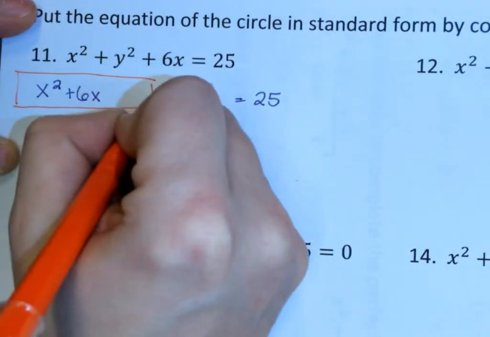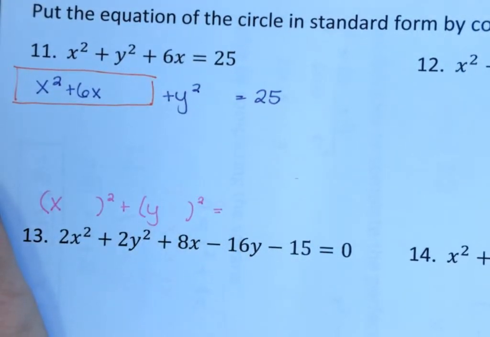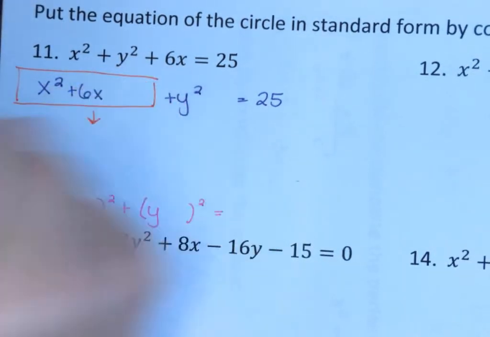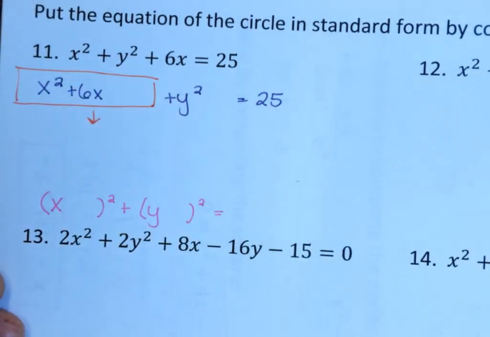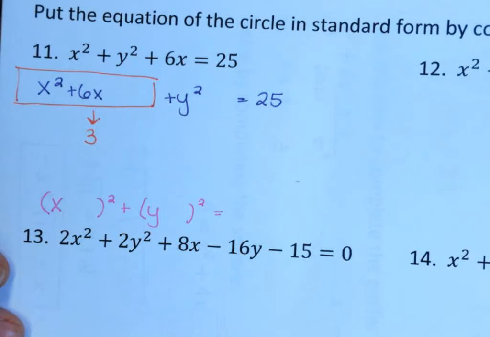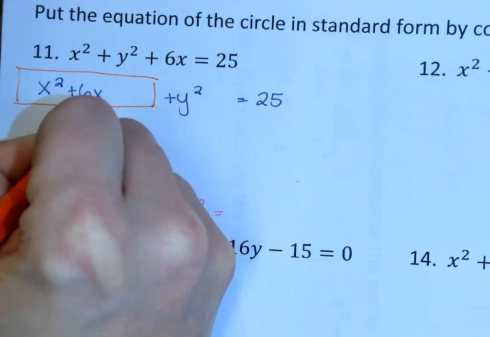Now I'm going to look at this piece here, and I'm going to complete the square on that piece. The way I do it, I use steps to make sure I don't make little mistakes. I look at this middle term and I say, divide it by 2. What is 6 divided by 2? 3. Is that a positive or a negative 3? Positive.